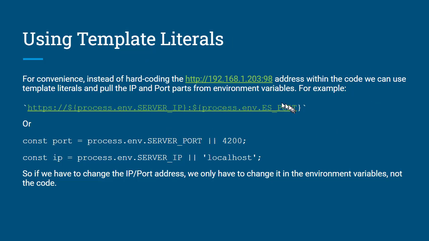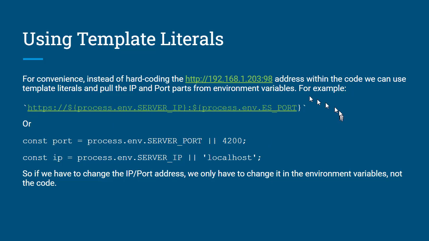In the code itself, we're going to be making a change, and so instead of referencing this URL explicitly, which is essentially our landing URL for the application, we're going to be substituting in an environment variable called server_IP and ES port.